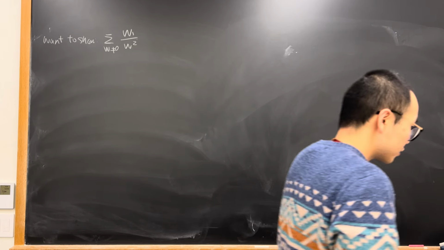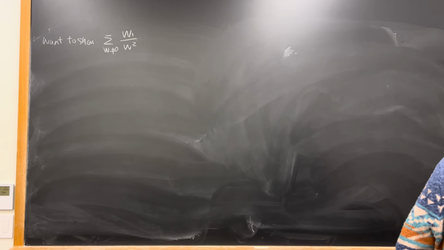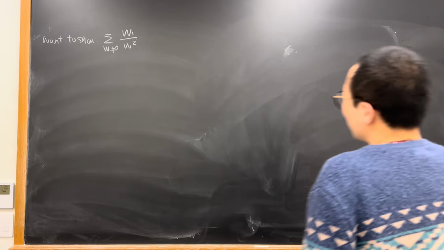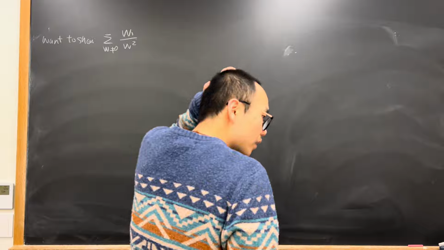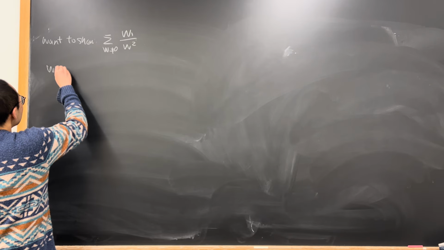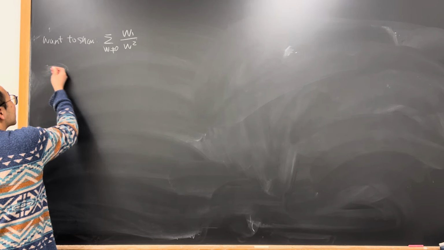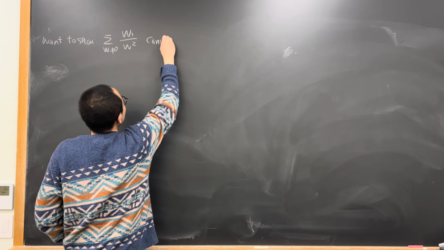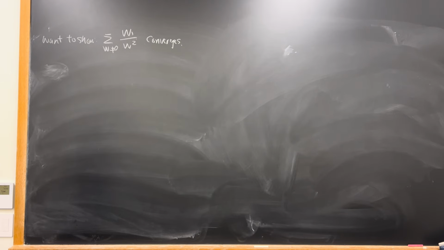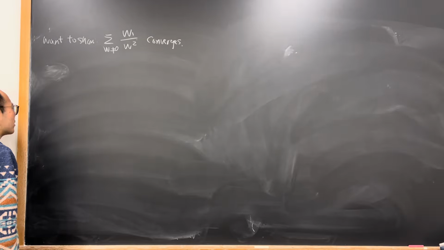So why is this term convergent? You're dividing by a complex number squared.